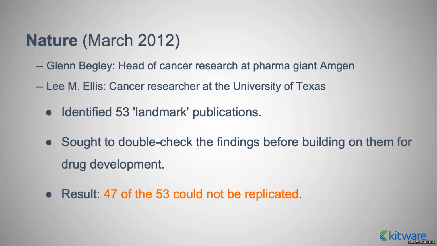This is how patients with cancer were being treated, based on these publications. And they wanted to replicate that work so that they could then extend that work, all right? Use that, establish it as a foundation and build upon it. And what they found out was that 47 of the 53 papers could not be replicated. They were not able to replicate the results that were driving clinical care.